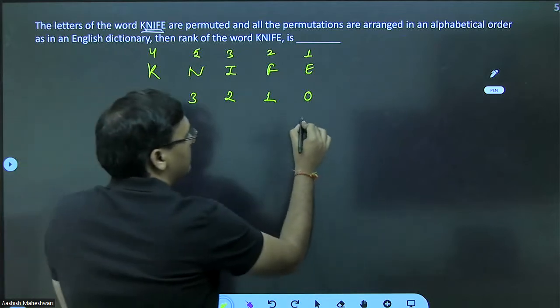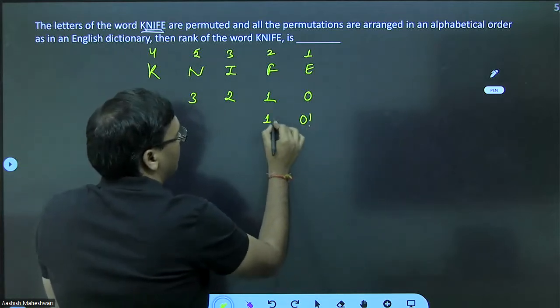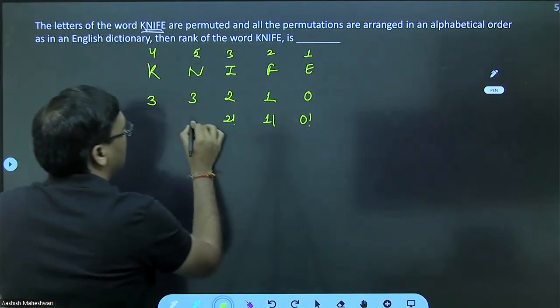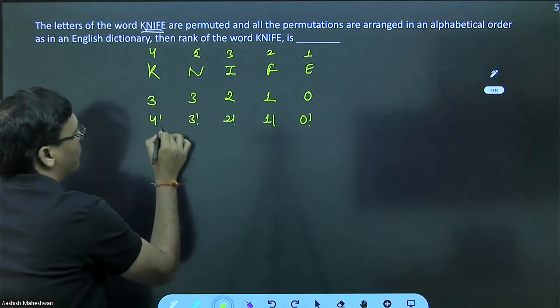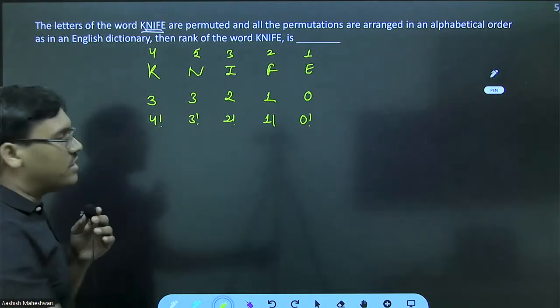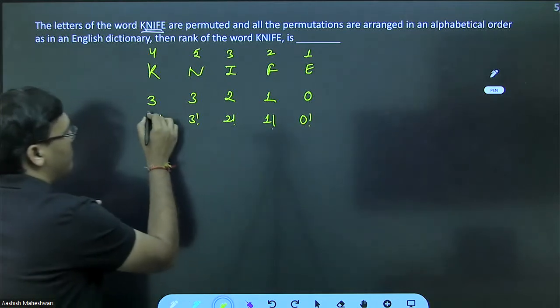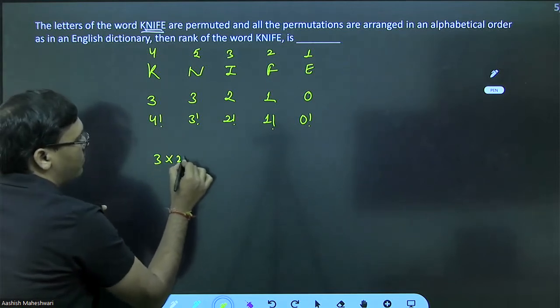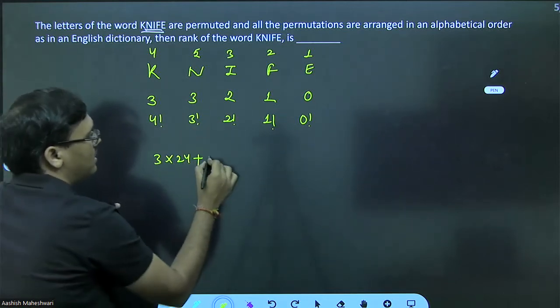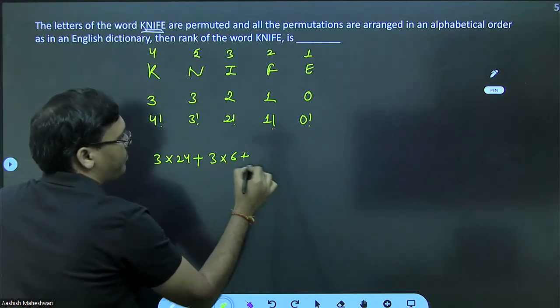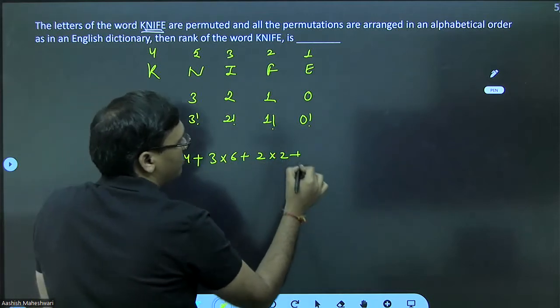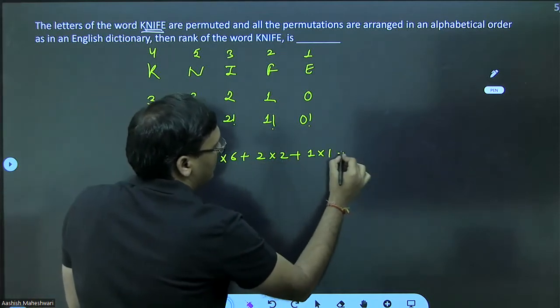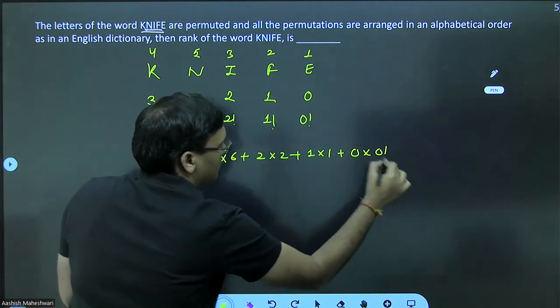Now again, you write this is 0 factorial, 1 factorial, 2 factorial, 3 factorial, 4 factorial. And now you just multiply them. If you multiply this, you can directly say this is 3 into 24. This is 3 into 6. This is 2 into 2 plus 1 into 1 and 0 into 0 factorial.